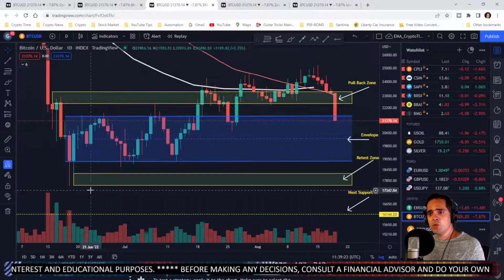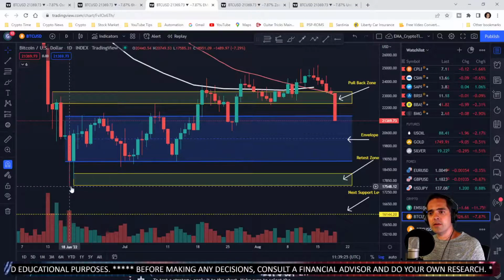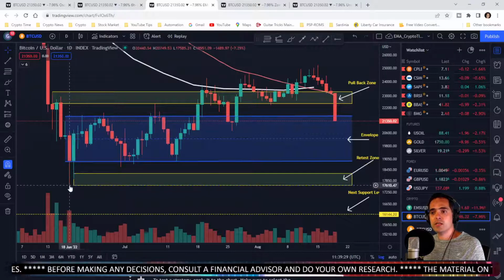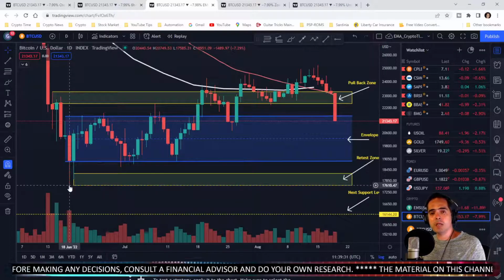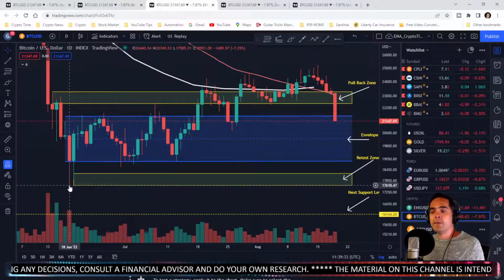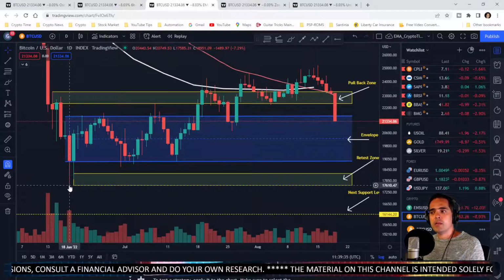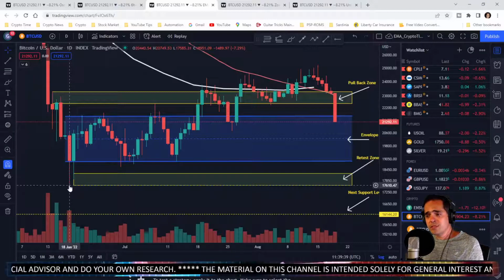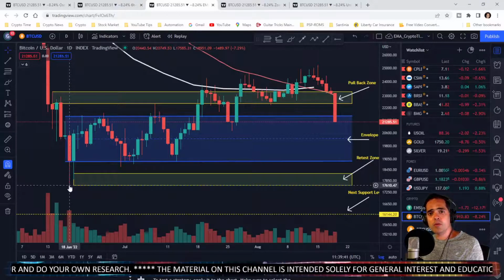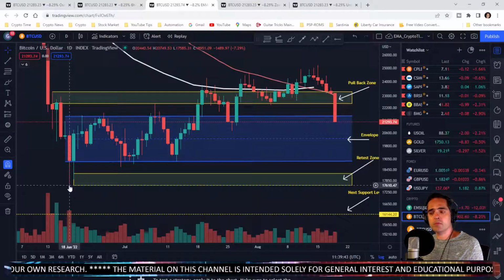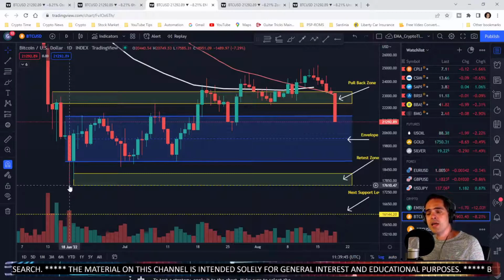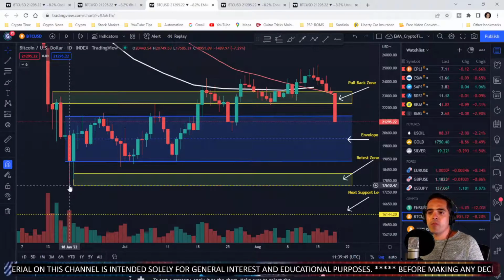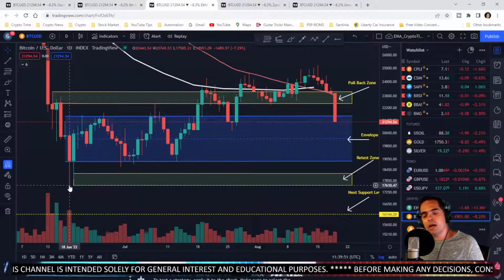So once we reach a very important zone, which was the 17K, for instance, a bottom or a top, especially this one, because previously the Bitcoin price didn't go below the previous top, the high level of the previous cycle.